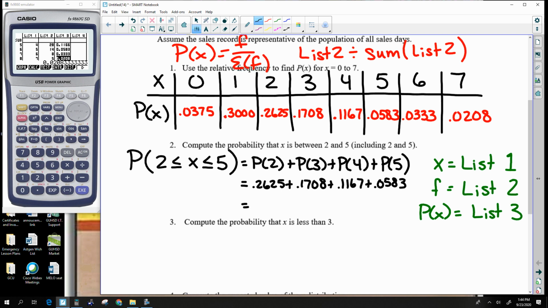And then thus the overall probability is 0.6083.